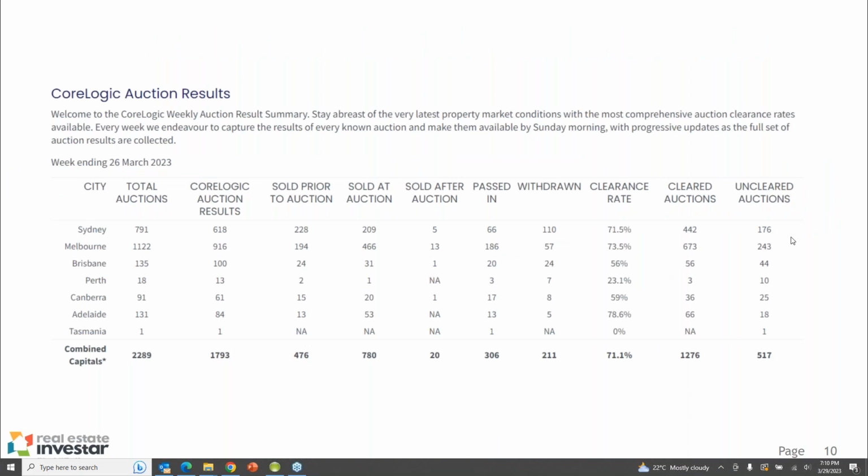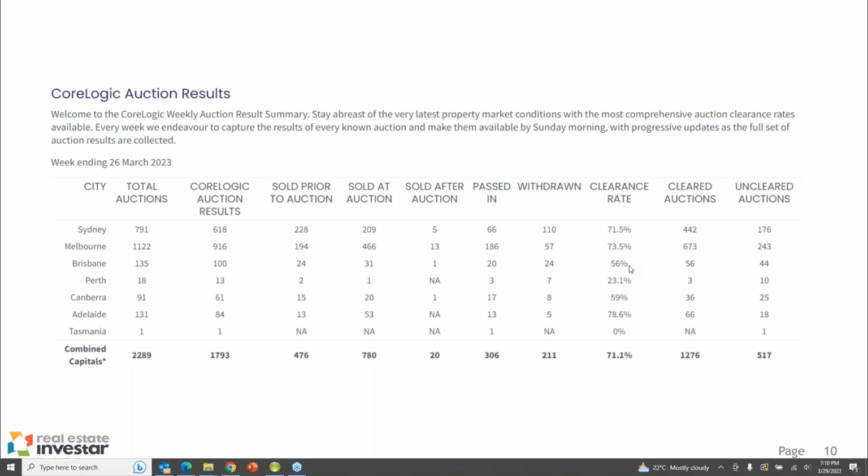So I just got the latest auction clearance rates from CoreLogic that I researched today. And again, auction clearance rates, as you can see there, Sydney, Melbourne, very, very high. Even Brisbane, 56%, and Brisbane's not traditionally an auction market. Those are very, very good statistics, and they're well up from what they were in January of this year, only 2 months ago.